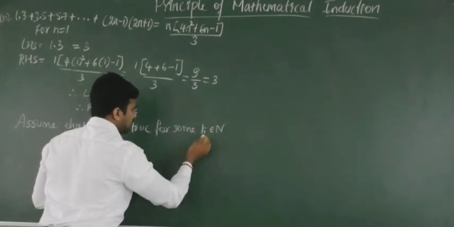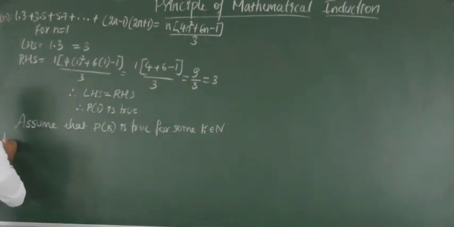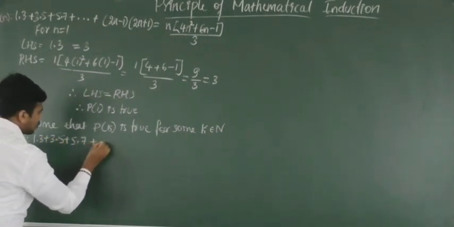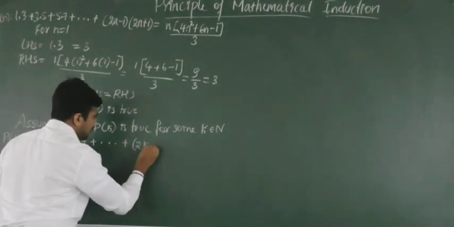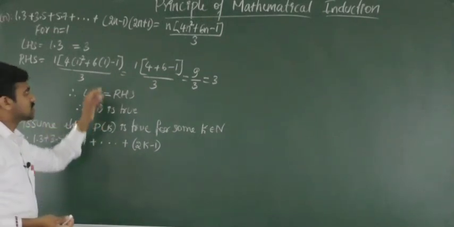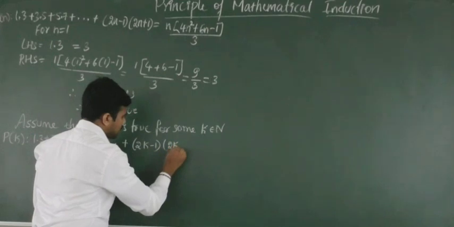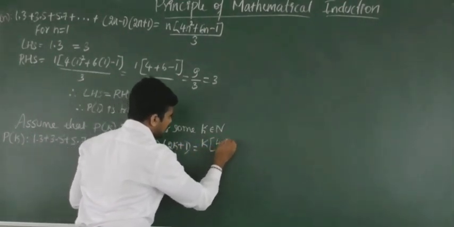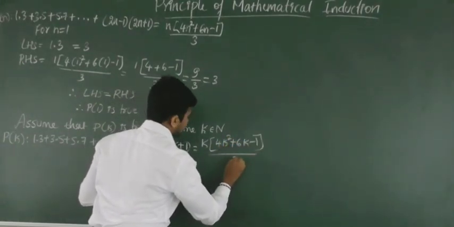So we can write the statement P of k as 1 into 3 plus 3 into 5 plus 5 into 7 and so on, plus 2k minus 1 into 2k plus 1 is equal to k into 4k square plus 6k minus 1, whole divided by 3.